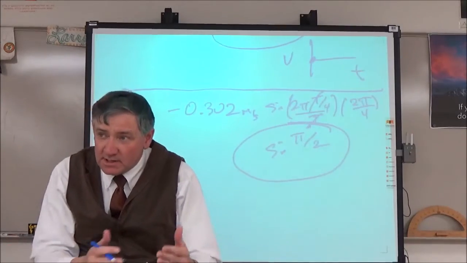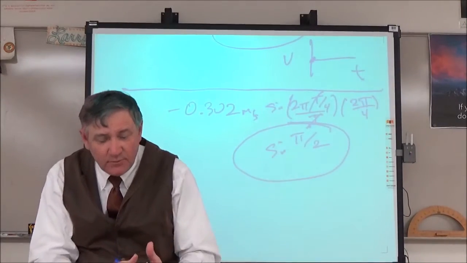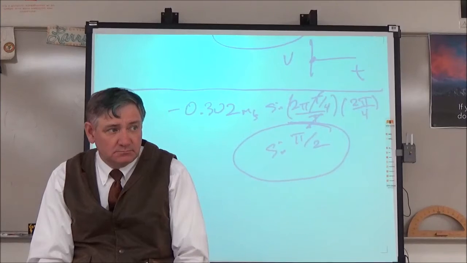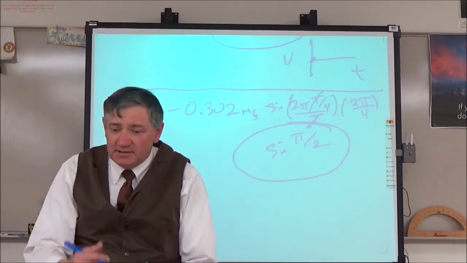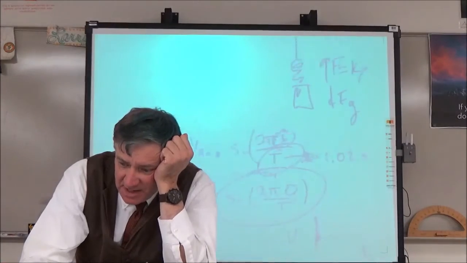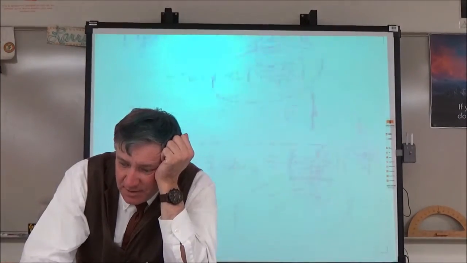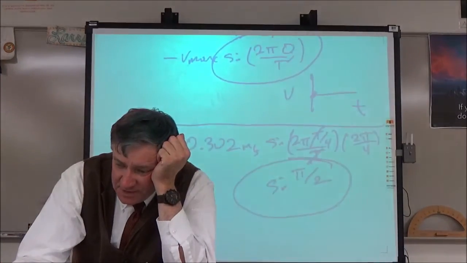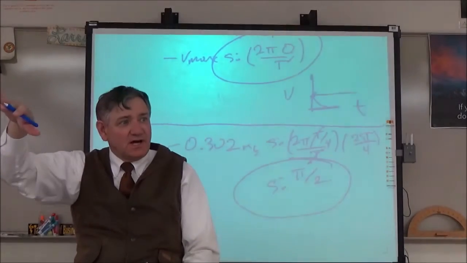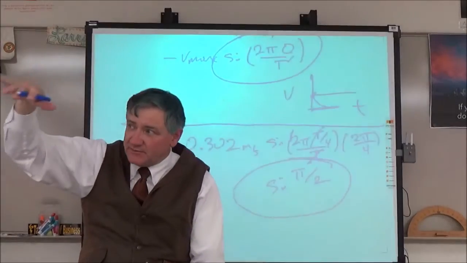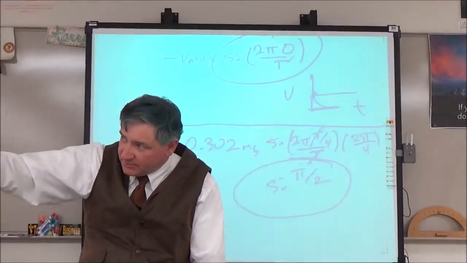So what do you get out of that answer at 1/4 t? You just get that maximum velocity. That's why on your velocity time graph, at 1/4 t, you're down here with that biggest negative velocity. That's the significance of that negative sign out in front of it.